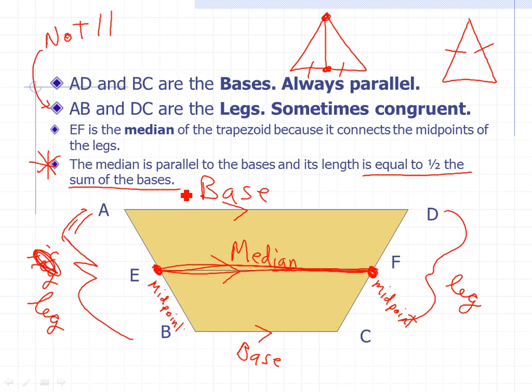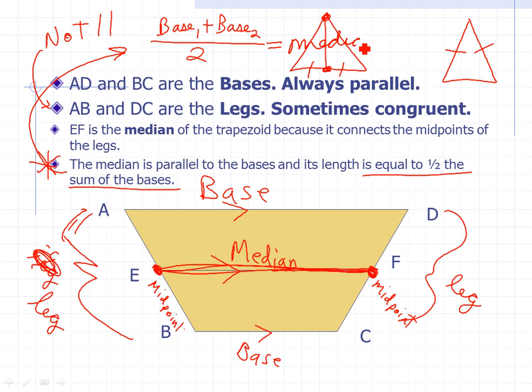So if you wanted to write down a formula for this, it'd be base, and we could call it base 1 plus base 2, it doesn't matter which one's 1 or 2, divided by 2, that's always going to equal the median. So the length of the median is going to be this plus this divided by 2.